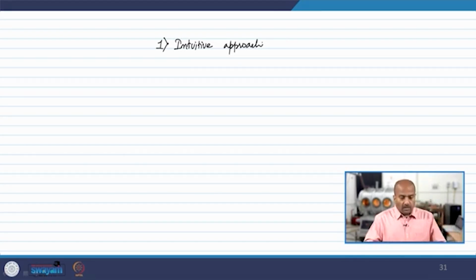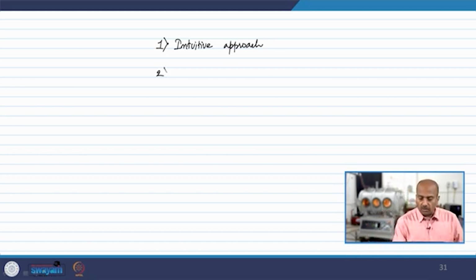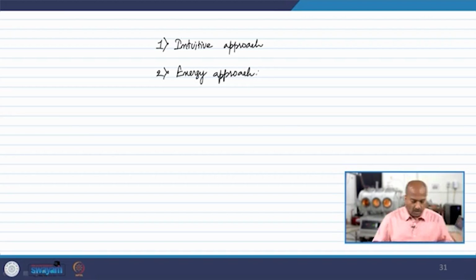Okay. Then the second method is the energy approach. What is this? In this method, the plasma at equilibrium is given a perturbation, and the change in the potential energy of the plasma as a result of this perturbation is calculated.